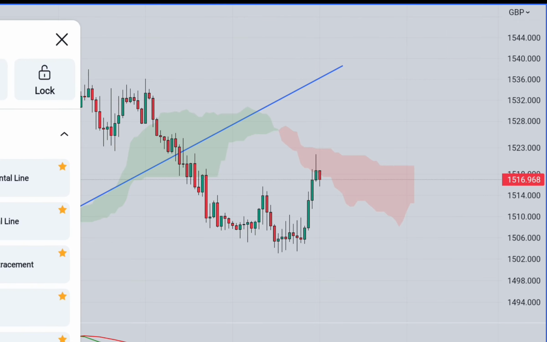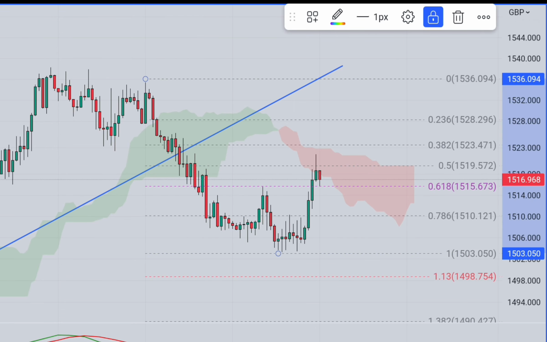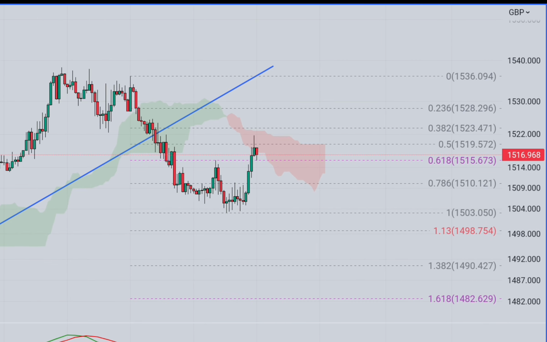And now we draw the Fibonacci tool from the high to the low. Our target is the Fibonacci 1.618 ratio. The stop-loss level should be above the last swing high.